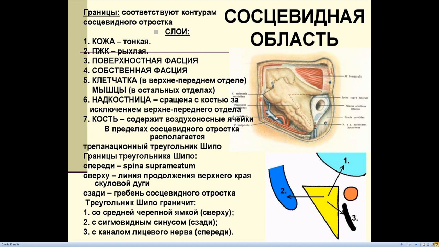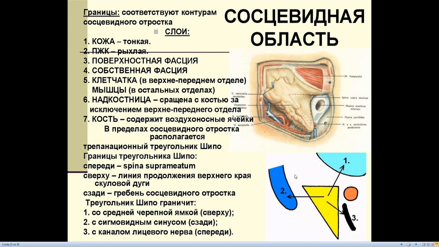In the mastoid process, we can distinguish the trigonum of Shipo. The borders of it: anteriorly the spina suprameatum, superiorly the line of continuation of the superior margin of the zygomatic arc, and posteriorly the crest of the mastoid process.